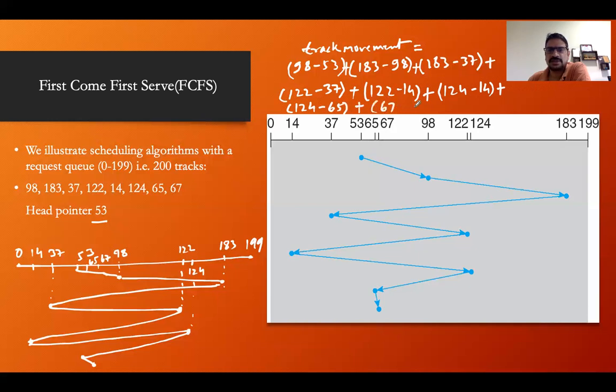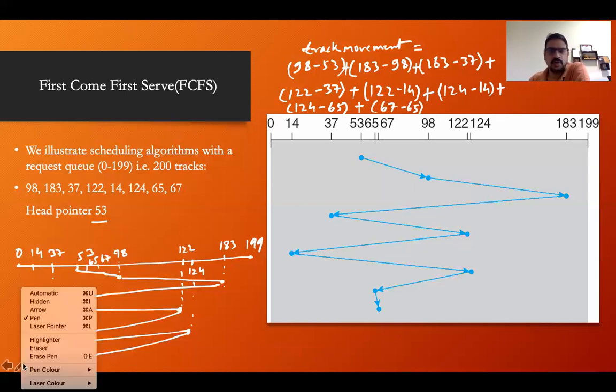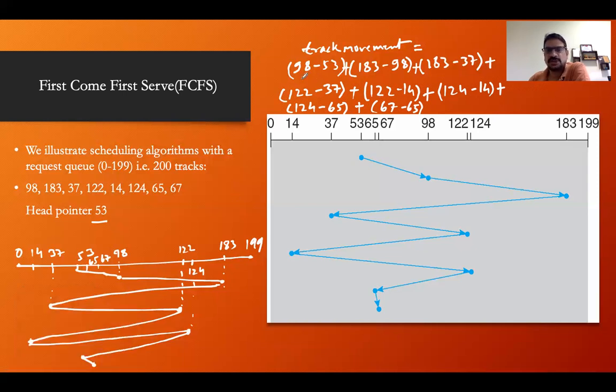Right. So this is how I get the total number of track movements. It will be how much? I have already calculated it, making it fast.